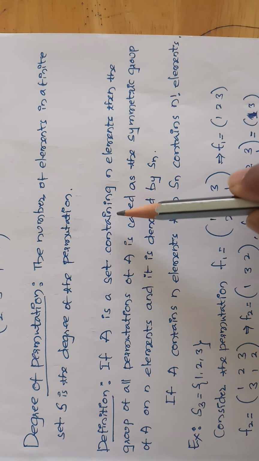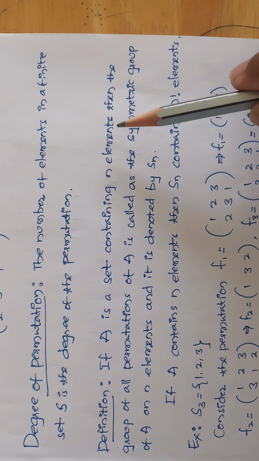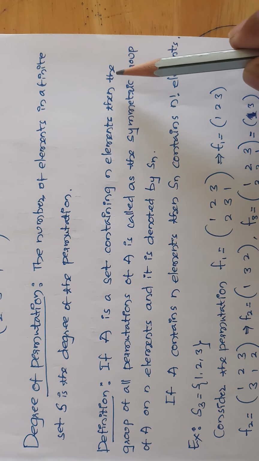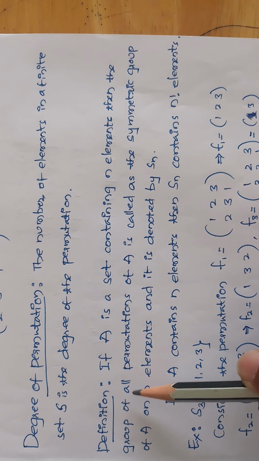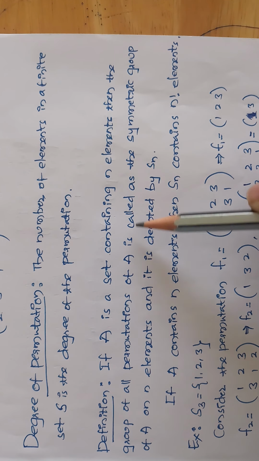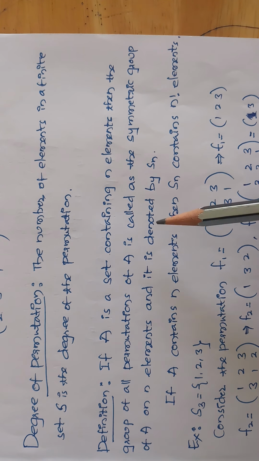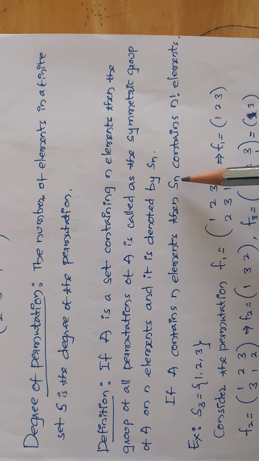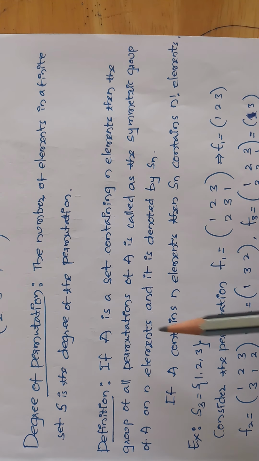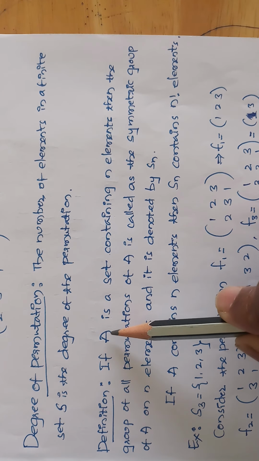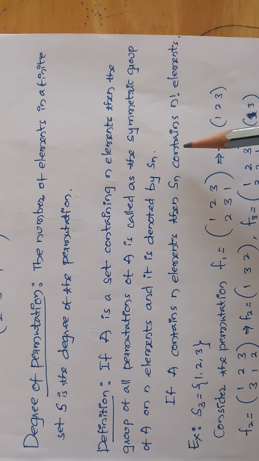If A is a set containing n elements, then the group of all permutations of A is called the symmetric group of A on n elements, and it is denoted by Sn. If a set contains n elements, then Sn contains n factorial elements.